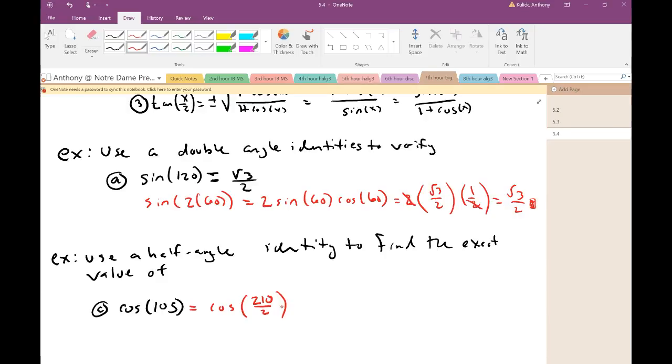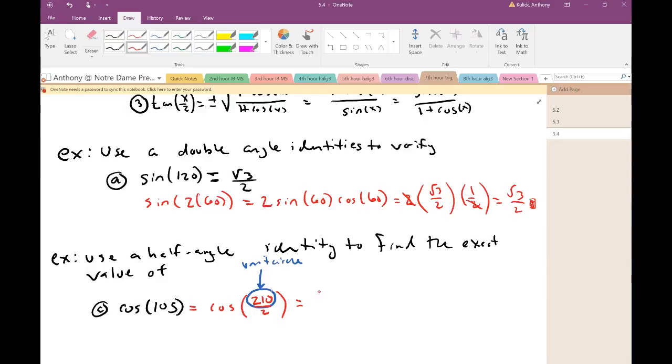I asked what 105 is half of. Everybody's okay there? And this angle in the top has to be something on the unit circle for us to be able to find the exact value of it. But it is. 210 is one of my unit circle angles.